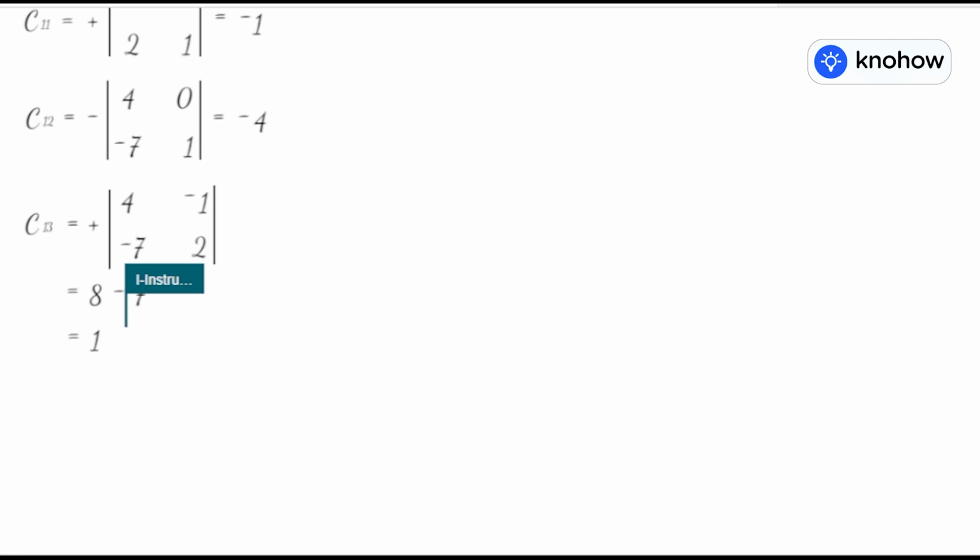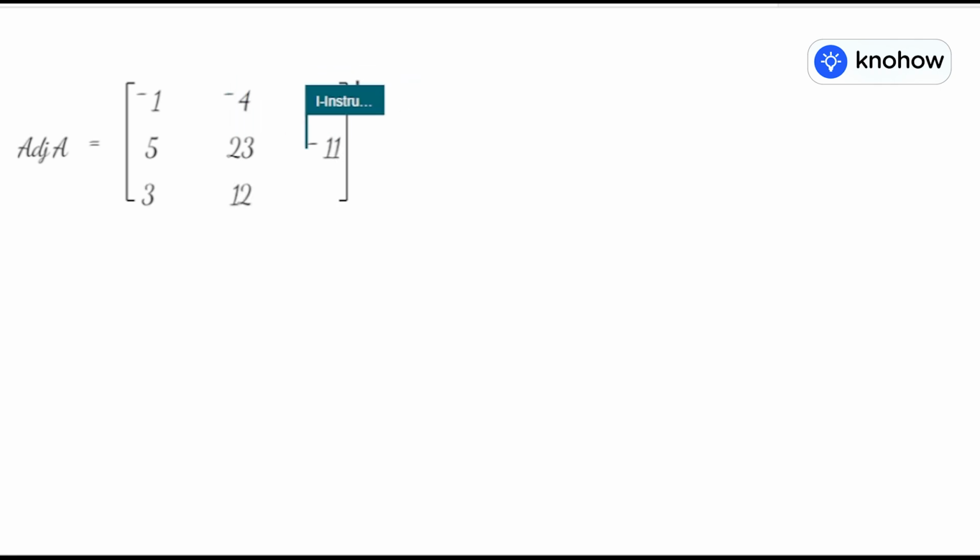Similarly, the rest of the cofactors you try yourself and substitute in the definition of adjoint A. What is adjoint A? It is the transpose of the matrix with C11, C12, C13 as negative 1, negative 4, 1, and C21, C22, C23 you work out yourself. You will find 5, 23, minus 11, and 3, 12, minus 6.